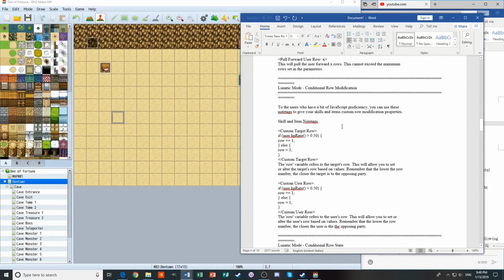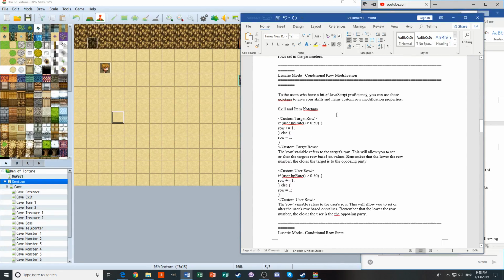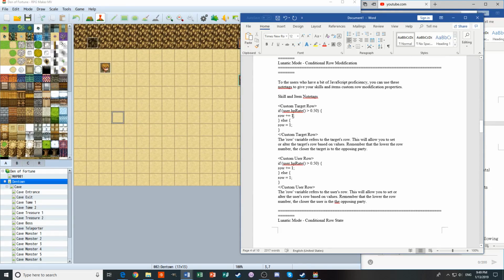Conditional row modification. I guess it would be in here then, wouldn't it? So what is this saying? User.hp rate greater than 50, row plus equals 1. Else row equals 1. So with this kind of a script, everybody would be at the front row initially, and then they would back up if they took... Wait. HP rate. If their regen rate was higher, then they go up a row?